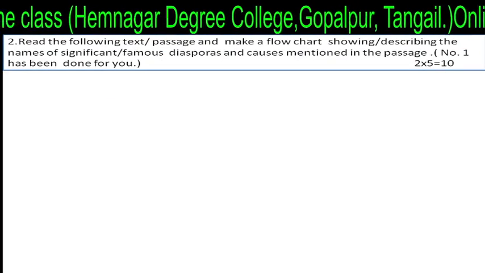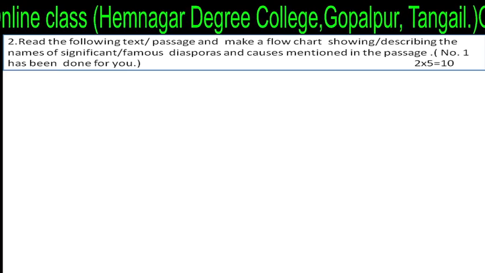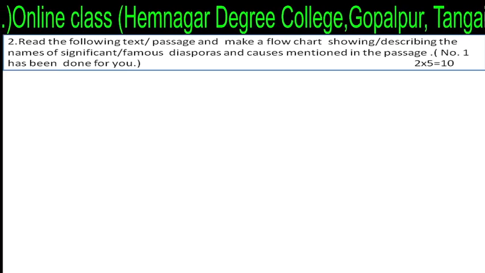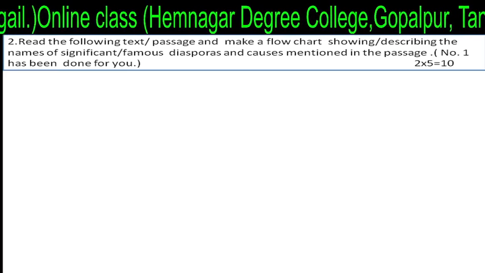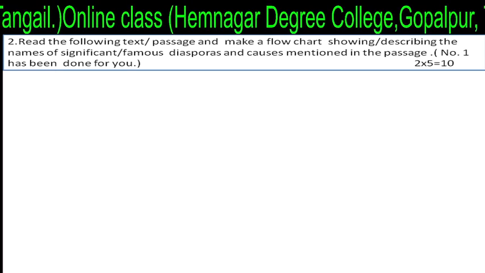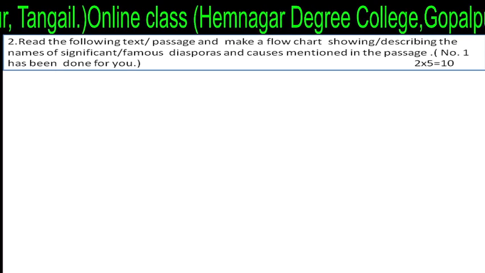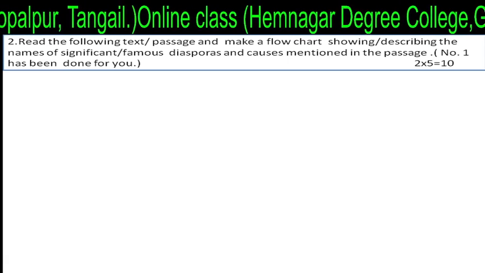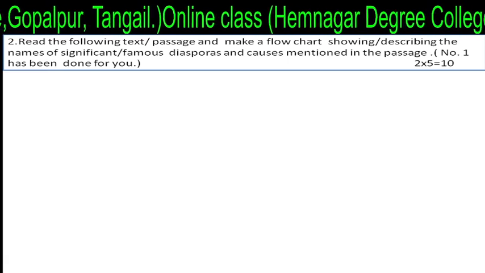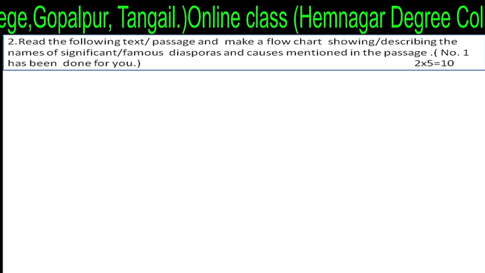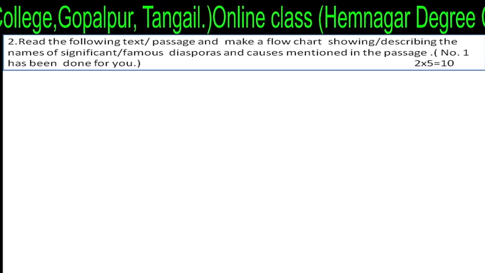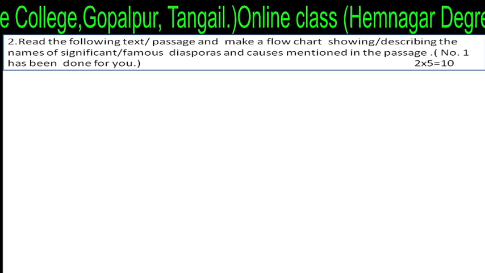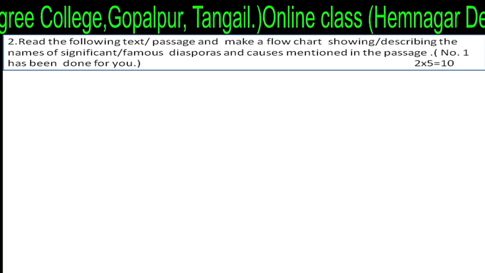Basically, the writing of flowchart structure depends on the question setters, because the question setter sets a structure in the question paper to make a flowchart, and we have to use the structure to complete the flowchart.